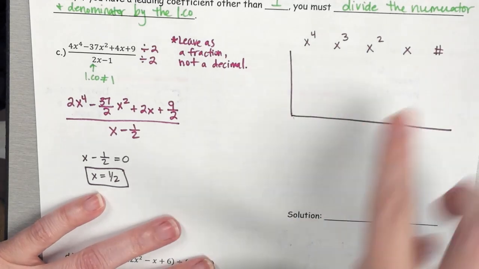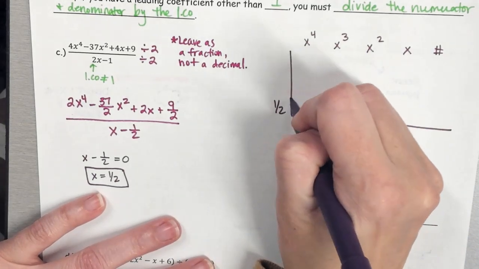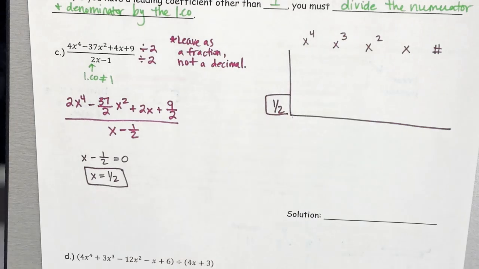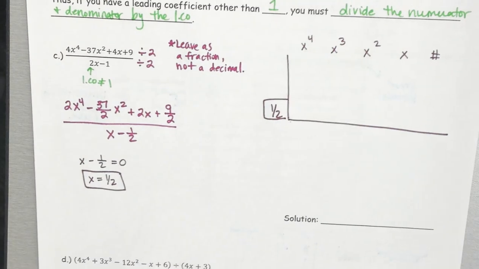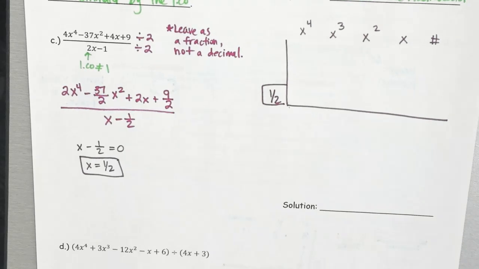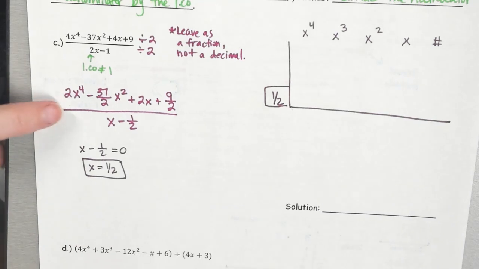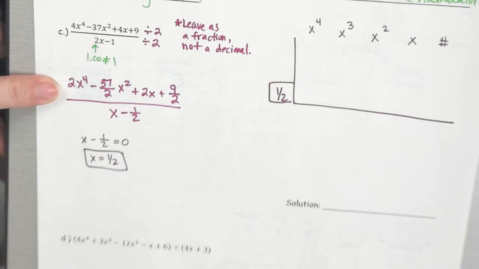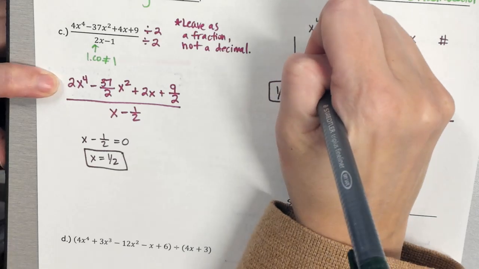Okay, so can you guys write your coefficients up there? Okay, so your coefficient should be from this polynomial. So your first coefficient now is 2.